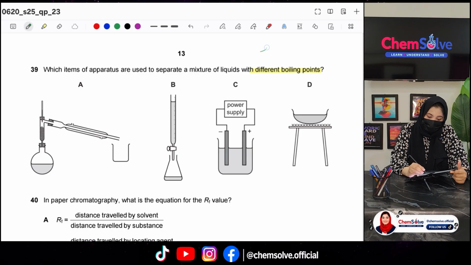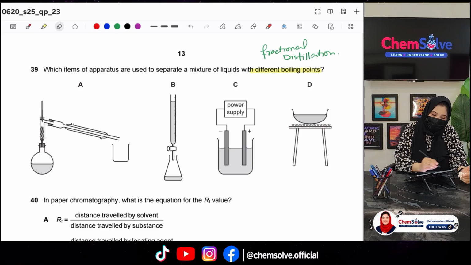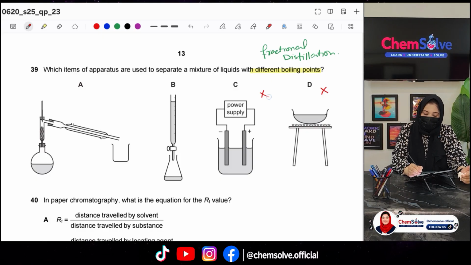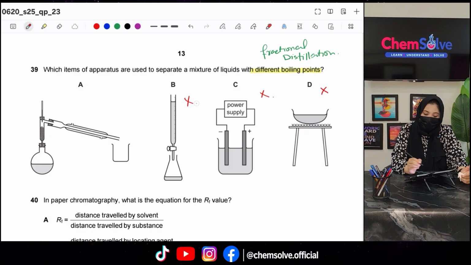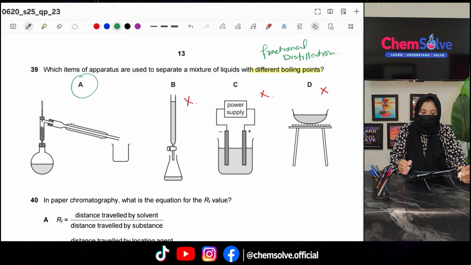For that we use fractional distillation. So this is not the option because it is showing kind of crystallization or evaporation. This is electrolysis. It is showing titration. So the correct option is option A. This is the fractionating column.